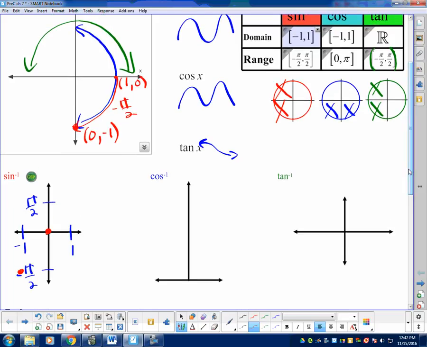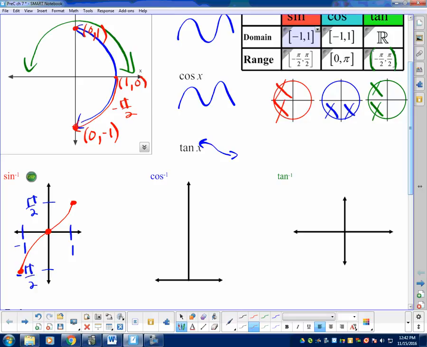Pi over 2. Yeah, so I'd be up here at 0, 1. So it's not a line. It actually curves. It goes like this. That is the inverse sine function on the domain -1 to 1. And it is a function if I limit it from -1 to 1. If I let it go beyond -1 and 1, it's no longer going to be a function.